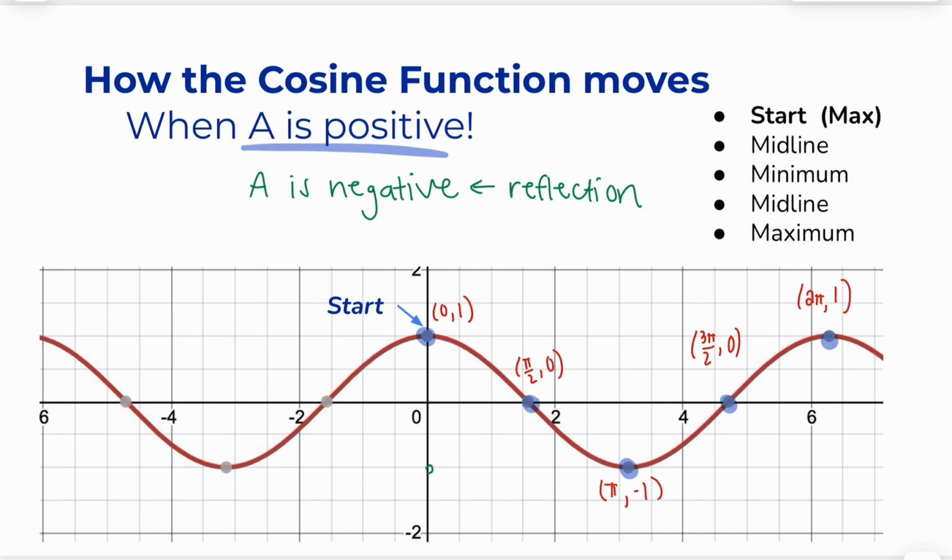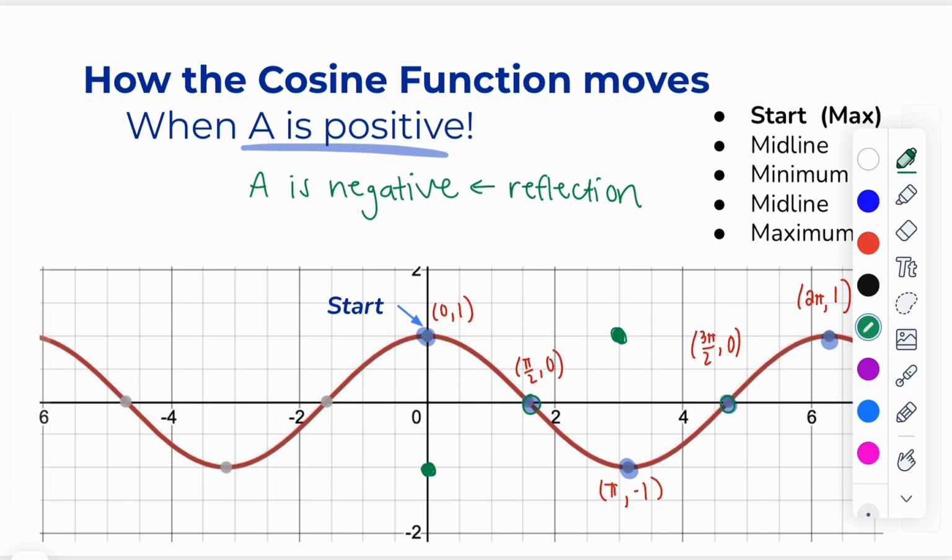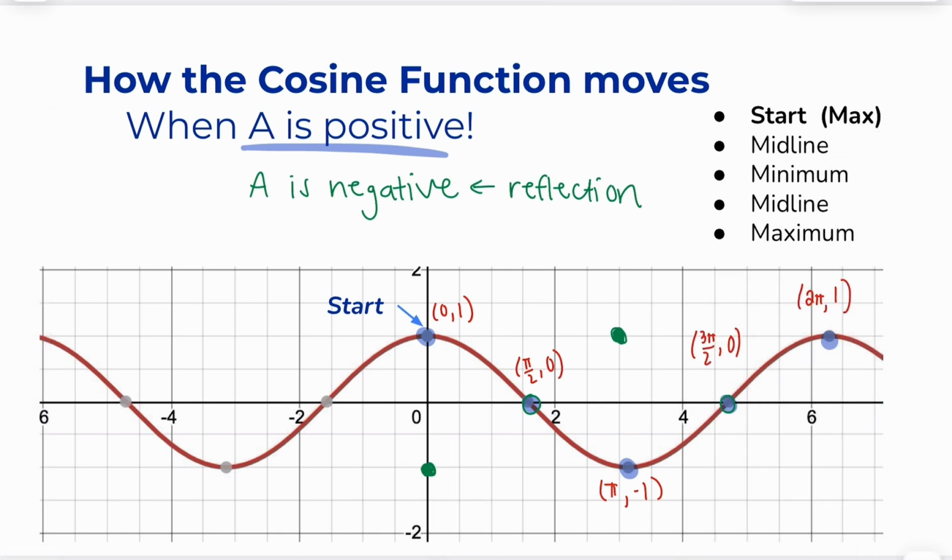So it actually would start at 0, negative 1, then pi over 2, 0, then pi, 1, still 3 pi over 2, 0, and then lastly, it would be 2 pi, negative 1. And so when we are using the characteristics, we just have to keep that in mind and use it to guide kind of our starting points.